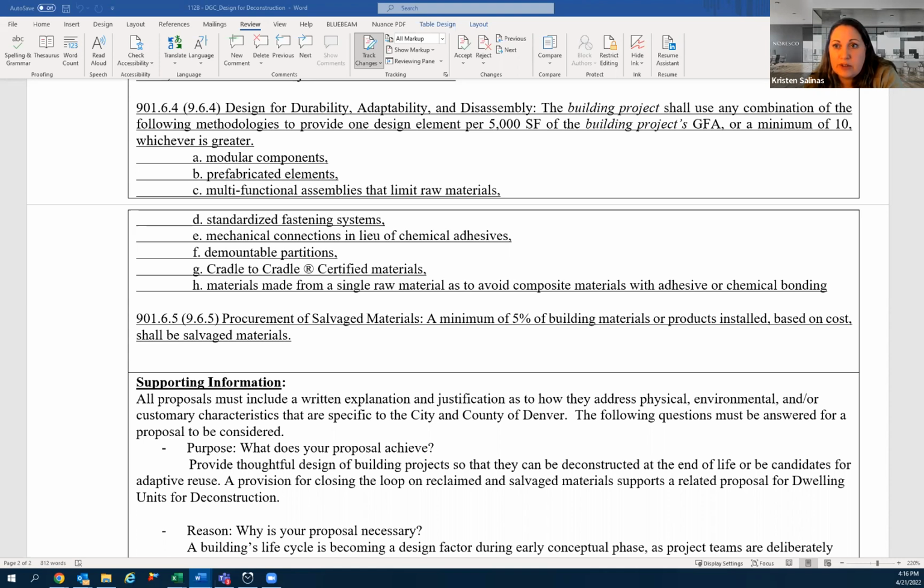Standardized fastening systems is, I think, probably fairly common with commercial construction, but it just means not changing the fastening system. So if you're using a certain structural component for floors and walls, connecting them, making sure that you don't switch that mid-building or things like that.